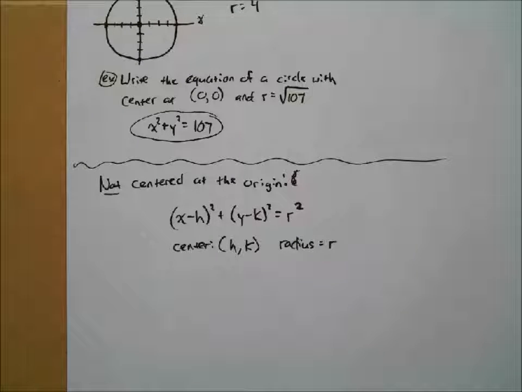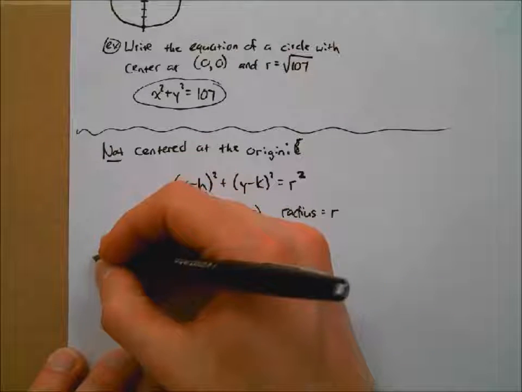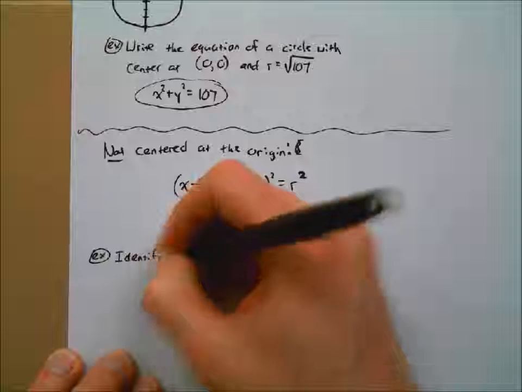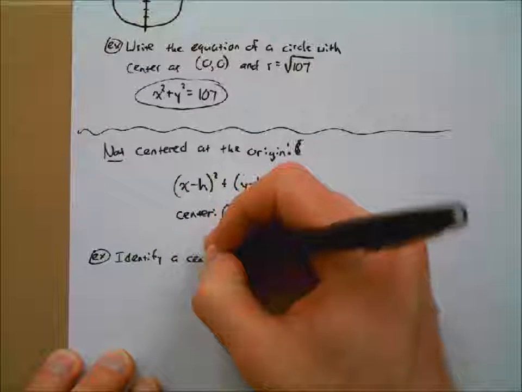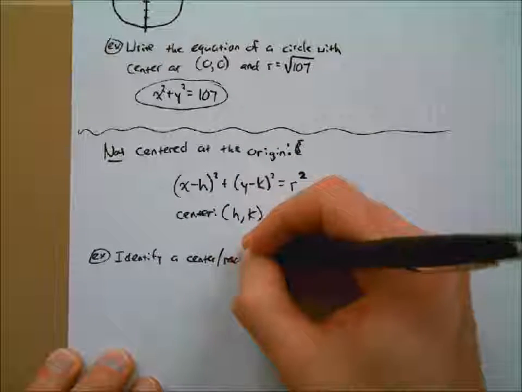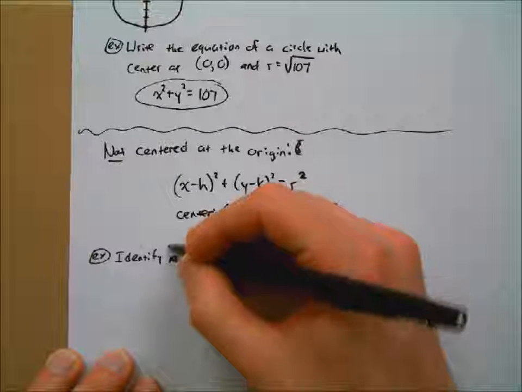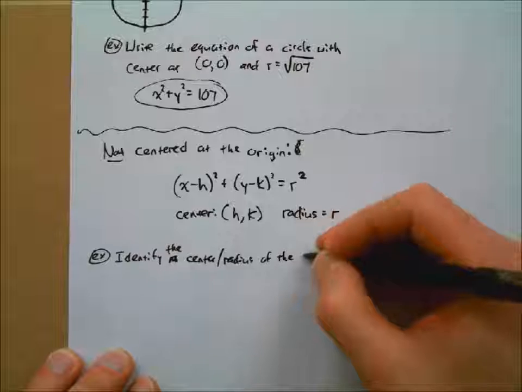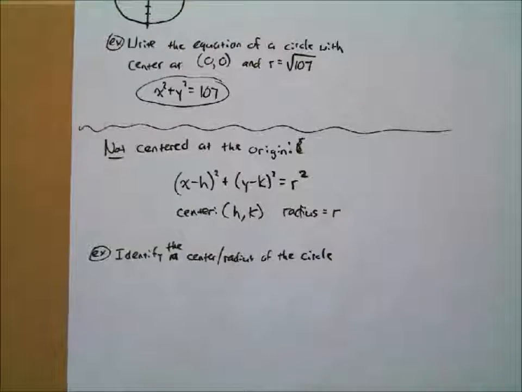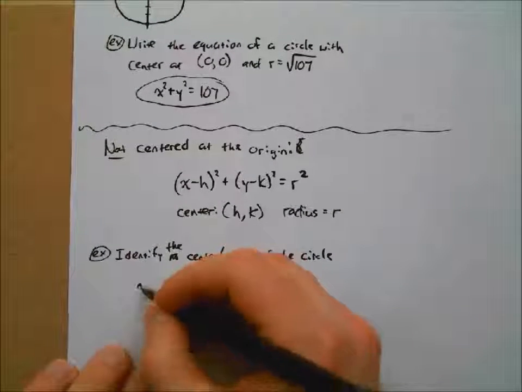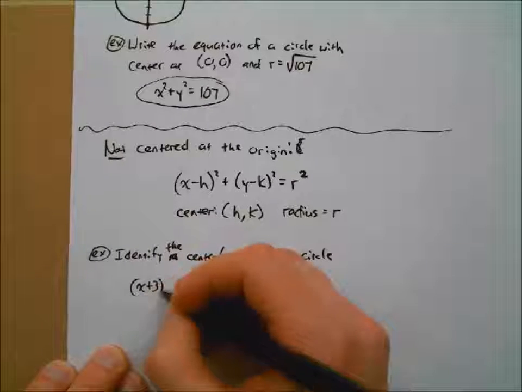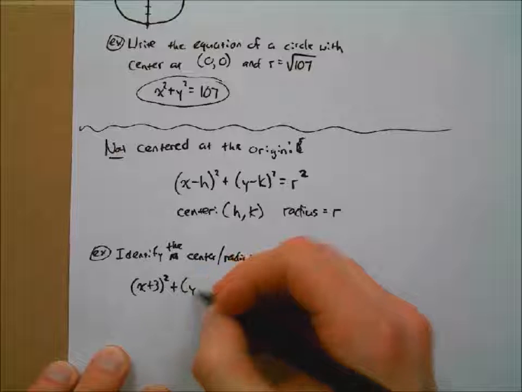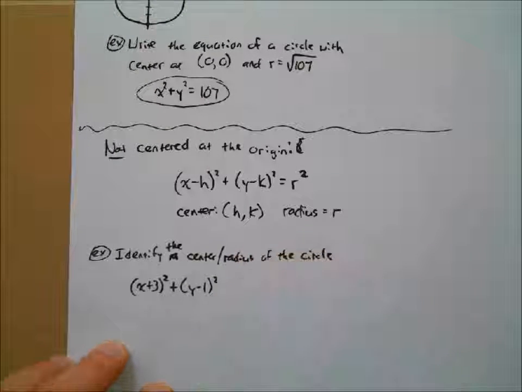So as an example here, we should be able to identify the center and radius of the circle. If I give you the equation of a circle, we're going to avoid completing the square today.